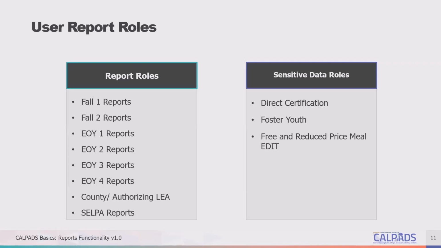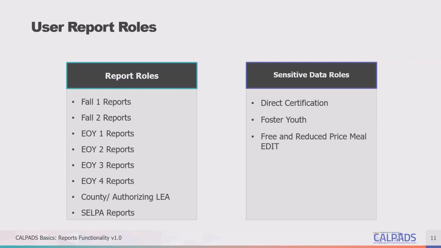So student data that's considered sensitive or is protected through privacy, like foster youth, free and reduced price meal, or direct certification, have specific roles. So you may be able to access a report, but not see the data for these special groups or these data types if you don't have the sensitive data roles.